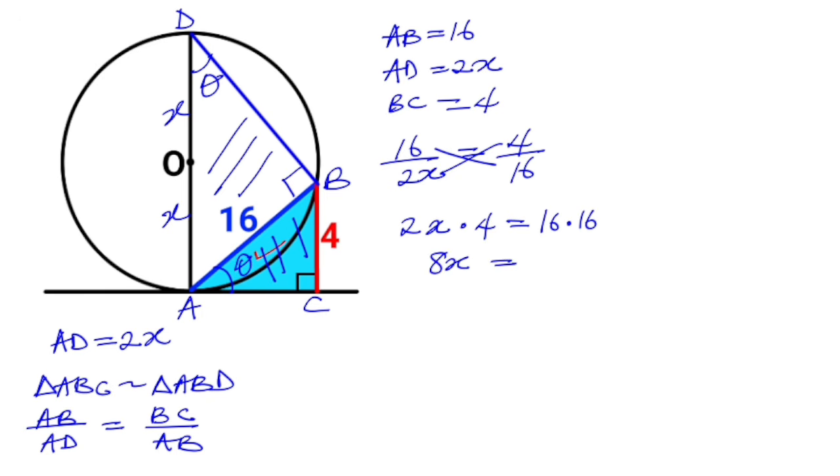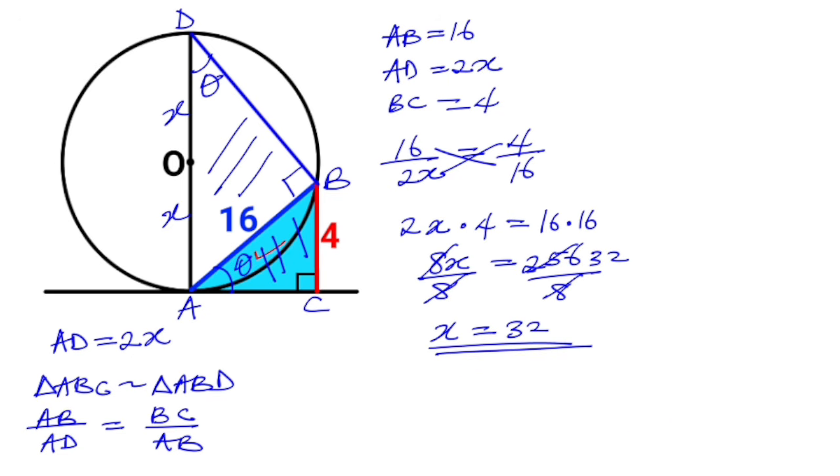And 16 times 16 is equal to 256. To find x, we divide through by 8. 8 will cancel out 8. And 256 divided by 8 is 32. So, we are left with x is equal to 32. Hence, the radius of the circle is 32 units.